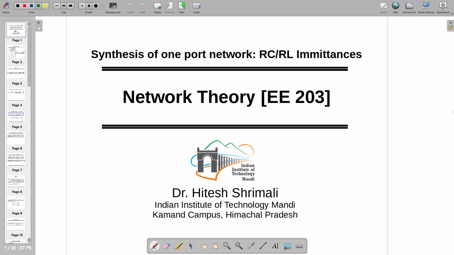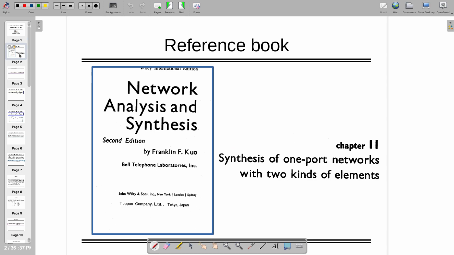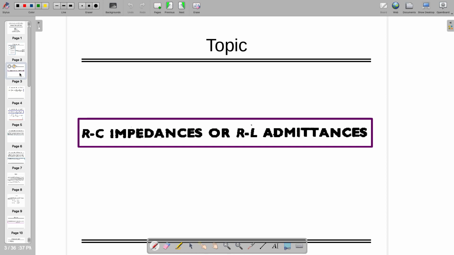So that was the end of one topic from chapter 11, where I am still continuing that chapter, where topic 2 is either you have RC impedance or RL admittance. So look at this carefully.